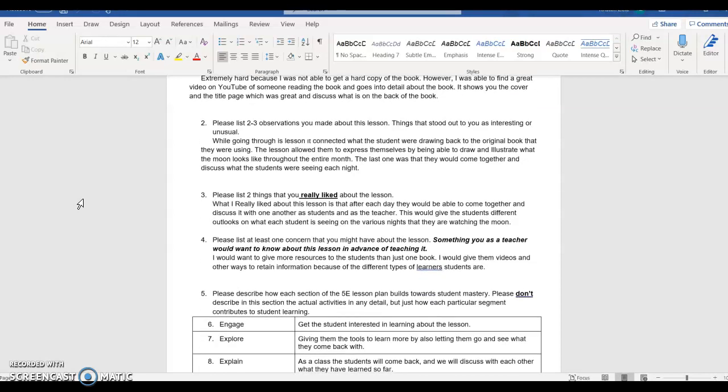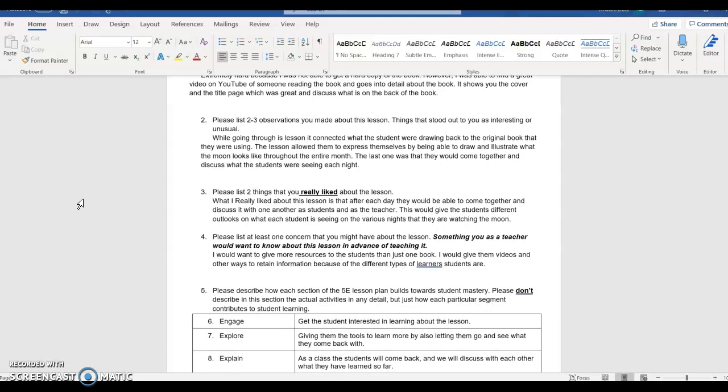The second part is the observations that I made about this lesson. The lesson was able to connect to the students by drawing back to the original book, using the pictures that they drew throughout. Going from reading the book to doing their own observations and then going back to the book to see if everything matched up with what the book had said was really interesting, and I really liked that.